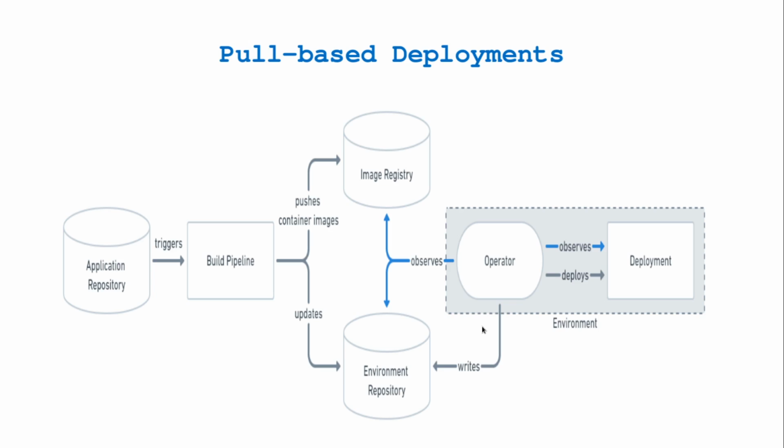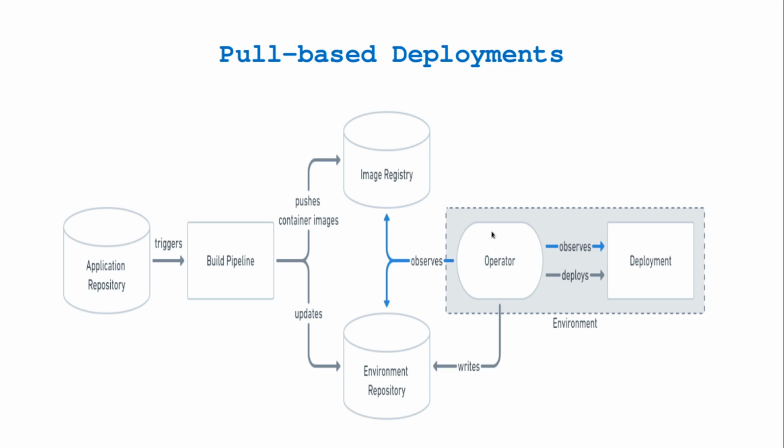With the pull-based deployment approach, the operator takes the role of the pipeline by continuously comparing the desired state in the environment repository with the actual state in the deployment infrastructure.